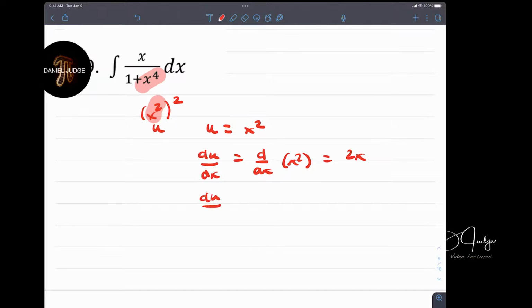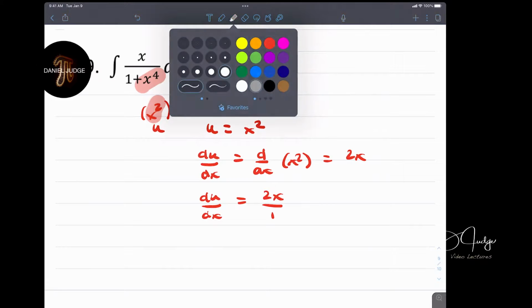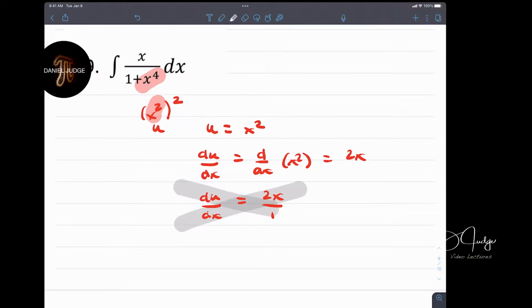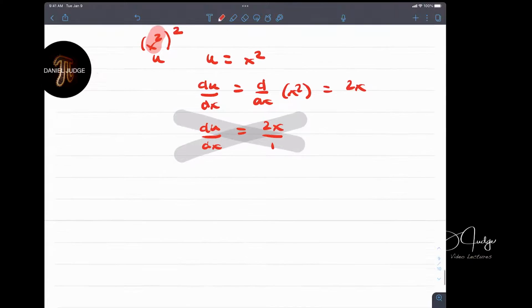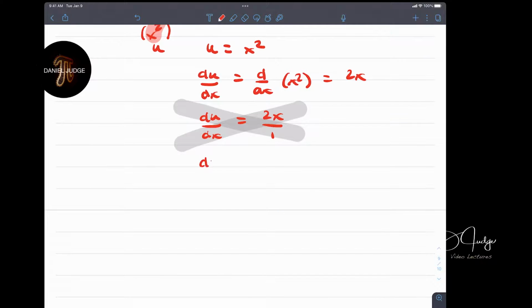So du dx is 2x, that's 2x over 1. So 1 times du is simply du, then 2x dx, divide both sides by the 2x here. And you'll get du over 2x is dx.